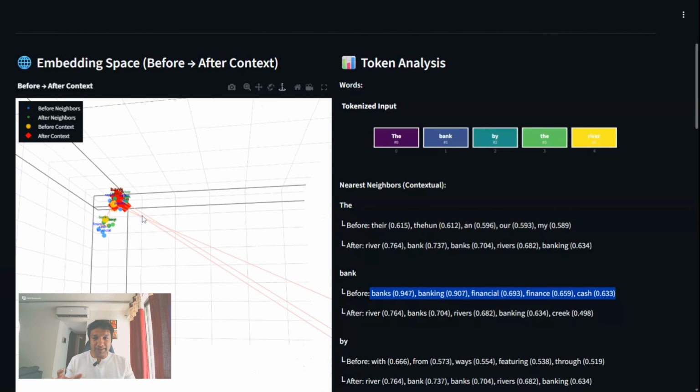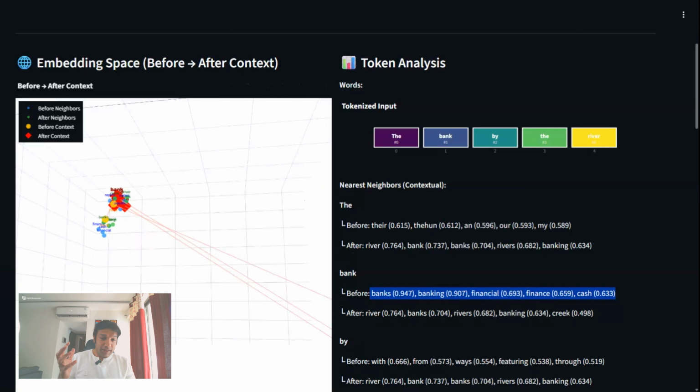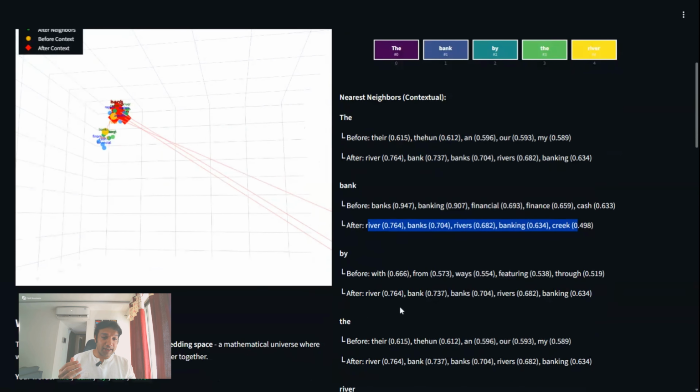A very key insight here is also that all the red dots kind of merged together. Where did they end up? The ended up near river, bank, banks, rivers, banking. Bank also ended up near river, banks, rivers, banking, creek, right? Similarly, all the other words.